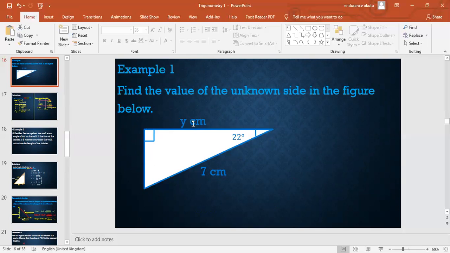So adjacent over hypotenuse is cos. We are going to use the ratio of cosine in our trig ratio in finding the value of y. Now let's look at the solution.